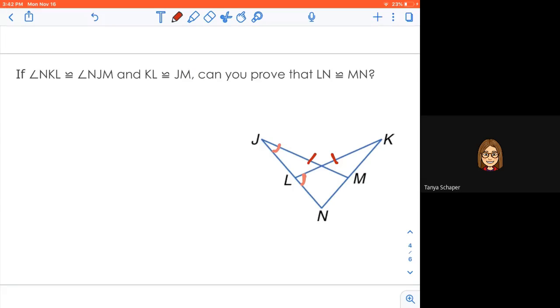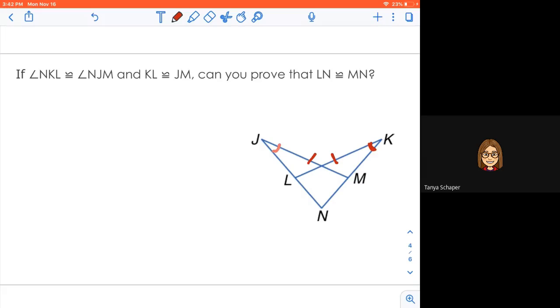Here's what I need to do. I need to reimagine this. I just realized I made a mistake here. This isn't the right one. This is the right one. Anyone else catch that mistake that I made? I caught it. We're good.